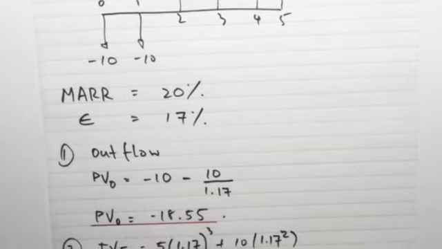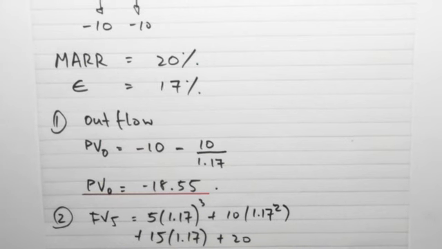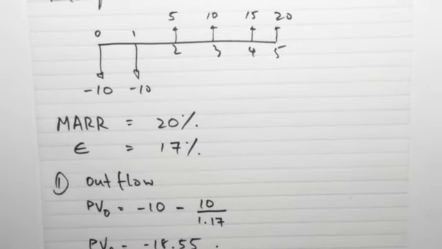Then the next step is to compound all the inflow to the end of the project. So we want the future value at year 5. Since we have $5 in year 2, we have to compound that by 3 periods, the $10 in year 3 by 2 periods, and the $15 in year 4 by 1 period, and we don't need to do any compounding for the $20 in year 5.